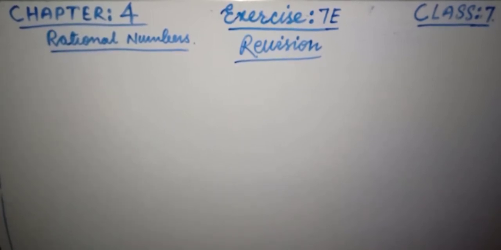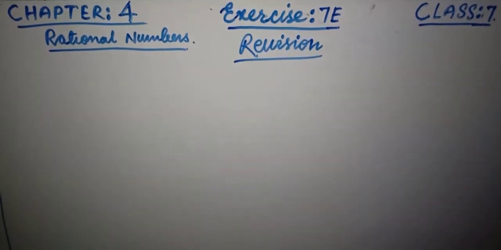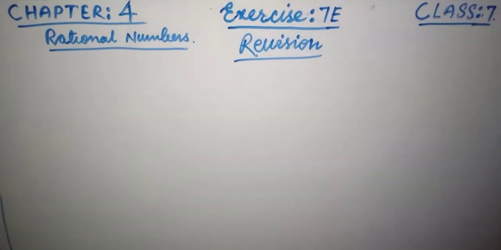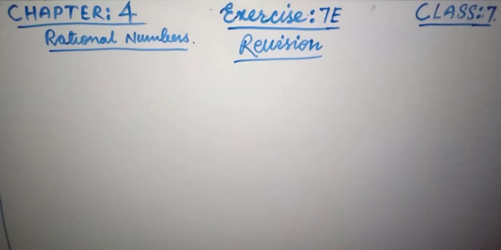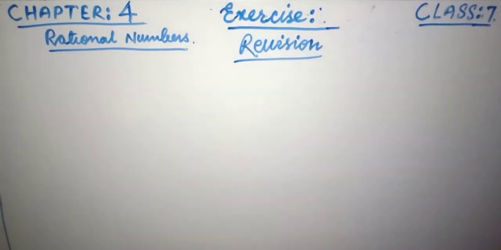So friends, in this video lecture we will revise chapter 4, exercise 4e and exercise 4f. The chapter name is rational numbers.